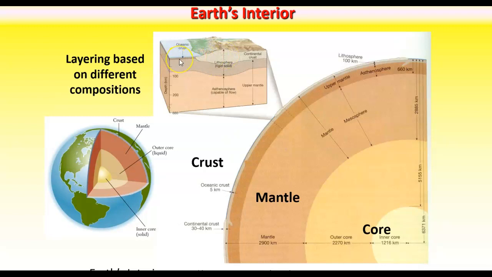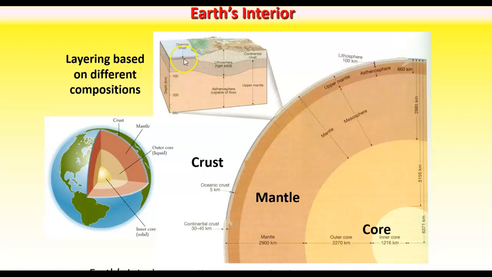So oceanic crust is fairly thin, and you can see it represented by this thinner layer right here. And it's, on average, about 5 kilometers thick. And then over to the right here, you can see the continental crust. That is a little thicker. It's about 30 to 40 kilometers thick on average.